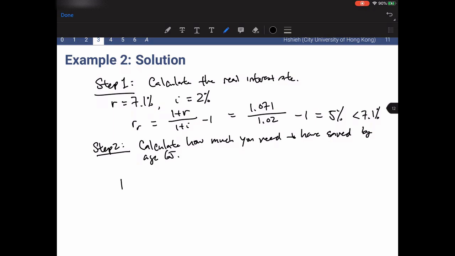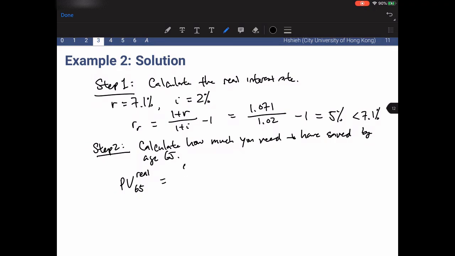Recall our annuity formula. Suppose we're at age 65, so I'm going to write 65 in the subscript for the present value. In the superscript, I'm going to write real to indicate that we are using the real interest rate. We're going to discount the real $50,000 with the real interest rate.